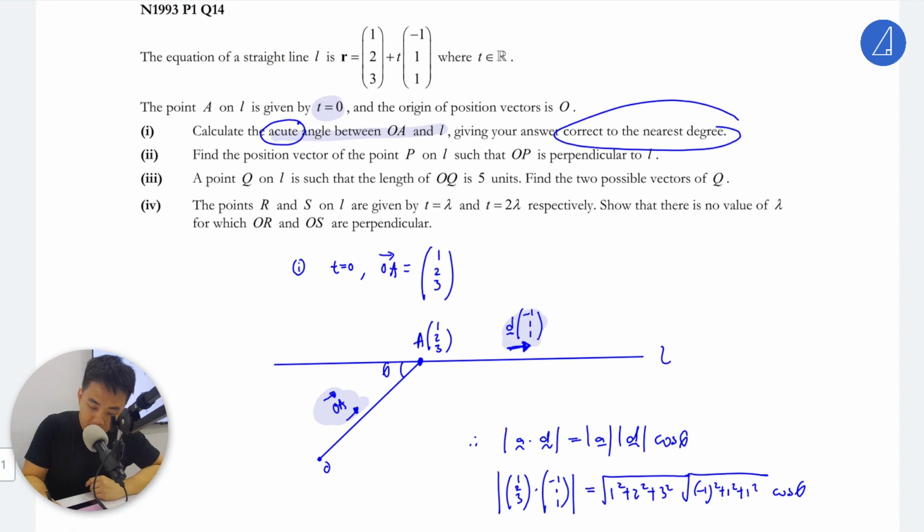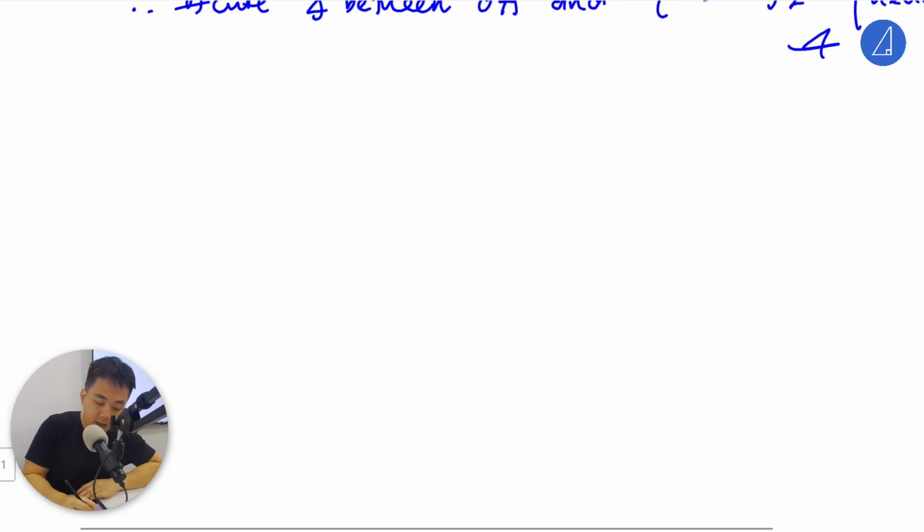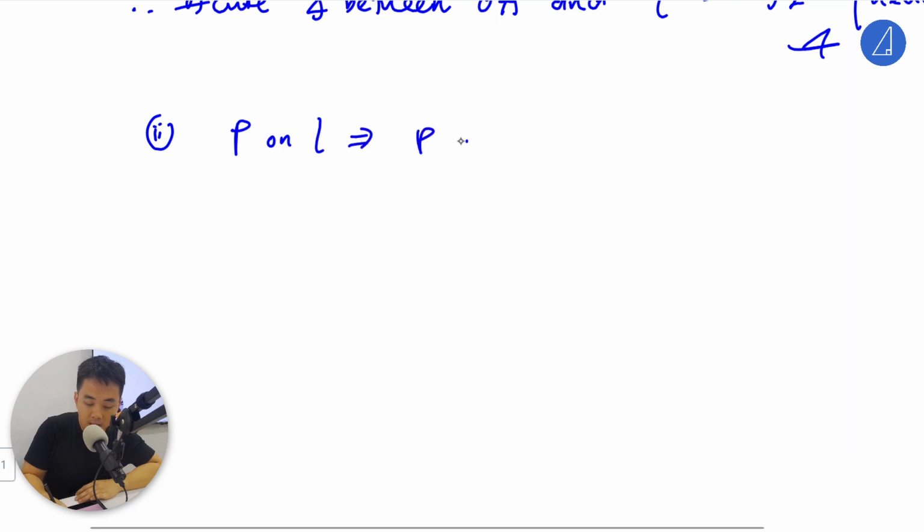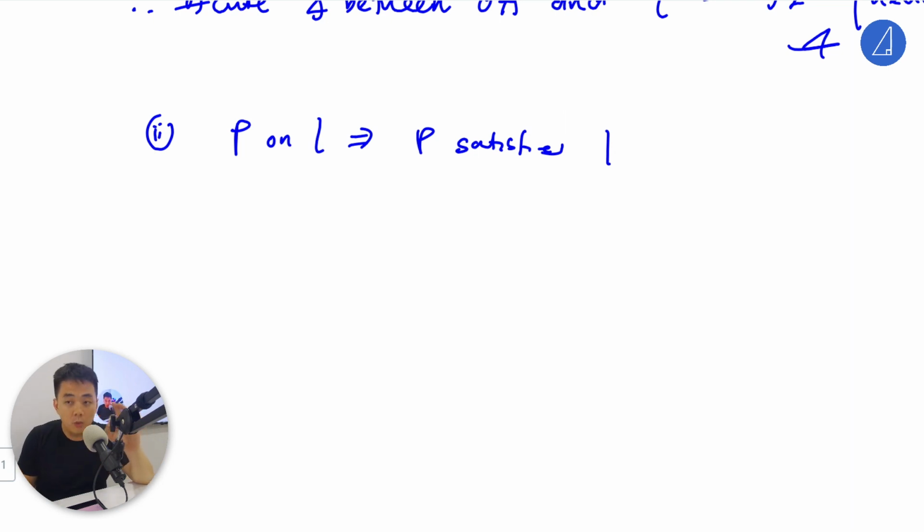So if P is on L, such that OP is perpendicular to L, if P is on L, it means P will satisfy the line equation, okay? Meaning there's one particular T, the parameter value, that will correspond to the line equation.